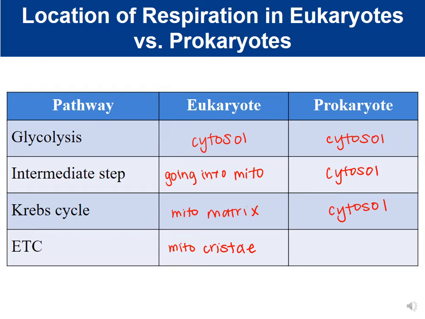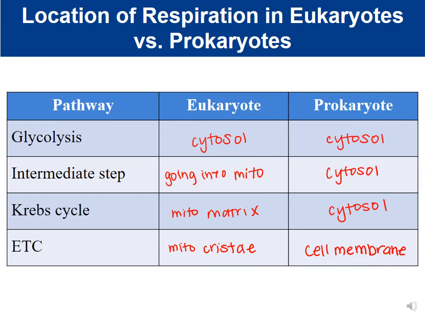Prokaryotic cells, however, don't have mitochondria, so they can't use that membrane. What membrane do prokaryotic cells use to do their electron transport chain? The answer is they use their cell membrane.